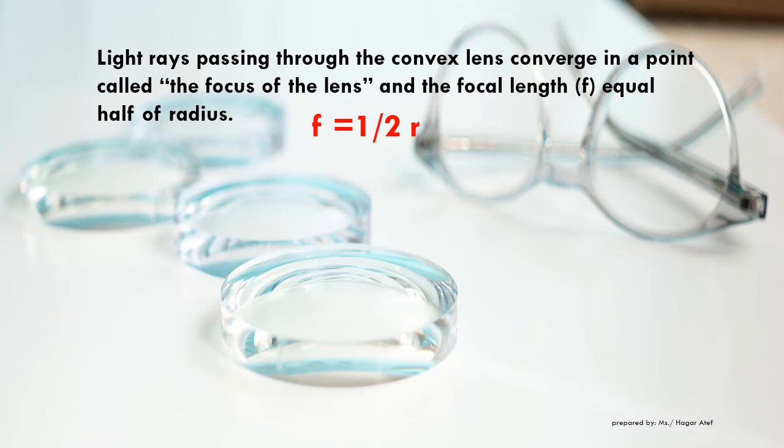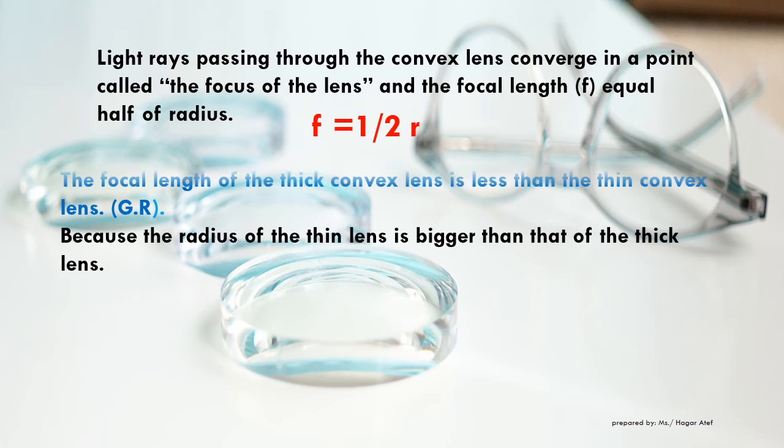Light rays passing through the convex lens converge in a point called the focus of the lens, and the focal length f equals half of the radius. So f equals half r. Give reason.